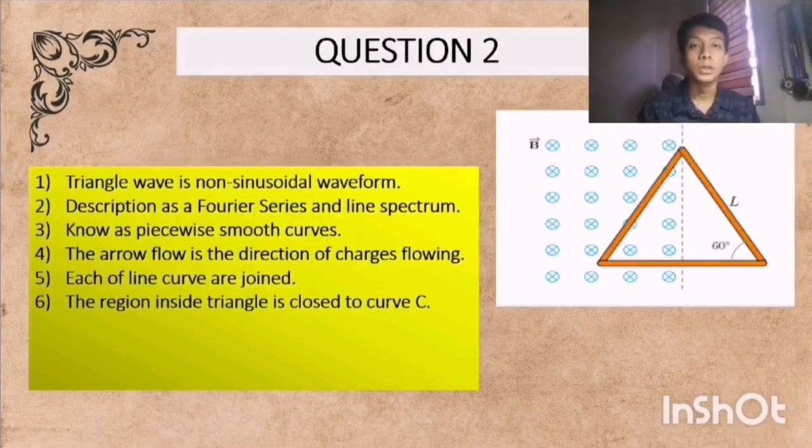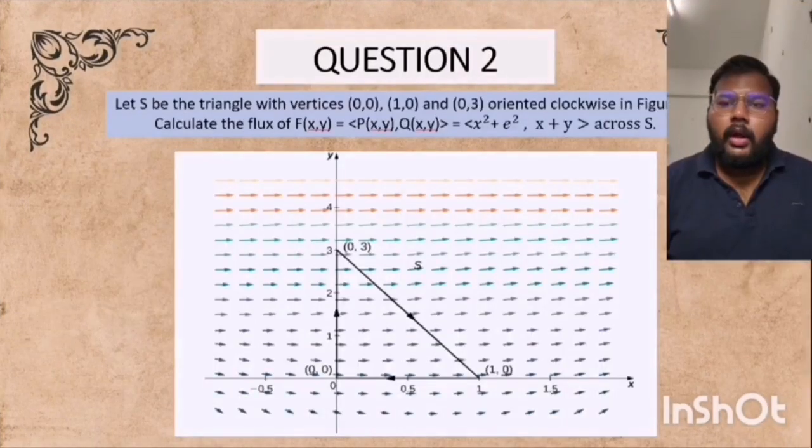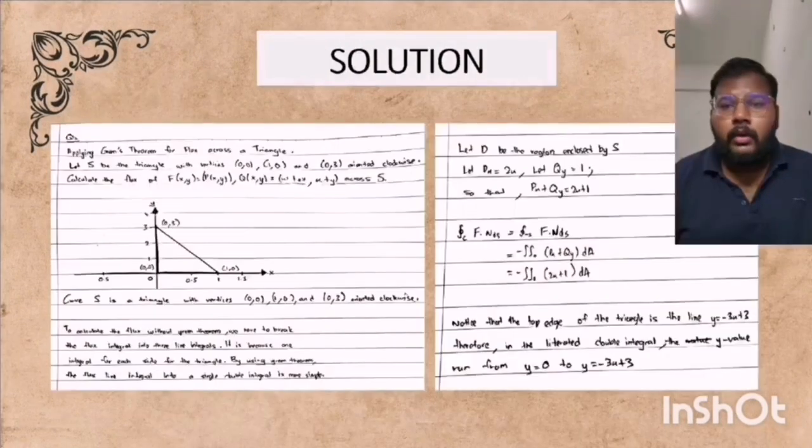Related to Green's theorem, the region inside the triangle is a closed piecewise smooth curve oriented clockwise that needs to be integrated. Now I'm going to explain question 2. Applying Green's theorem for flux across a triangle, let S be the triangle with vertices (0, 0), (1, 0) and (0, 3) oriented clockwise. From this question, this is our solution that we discussed.